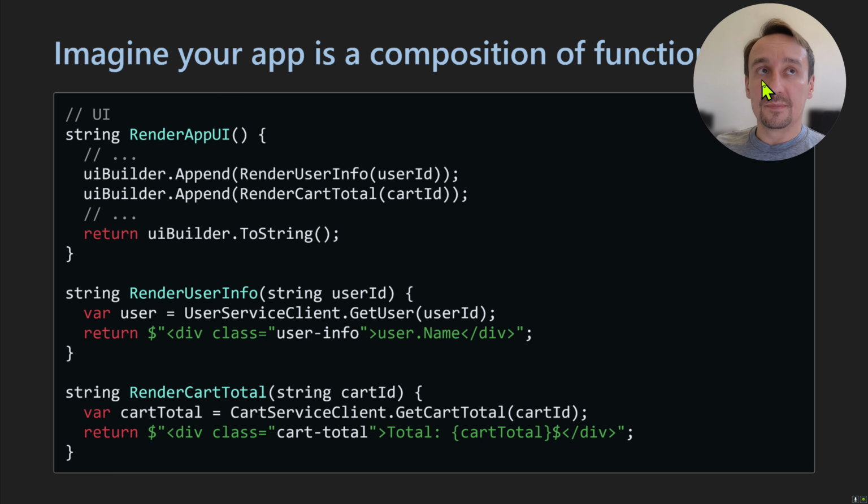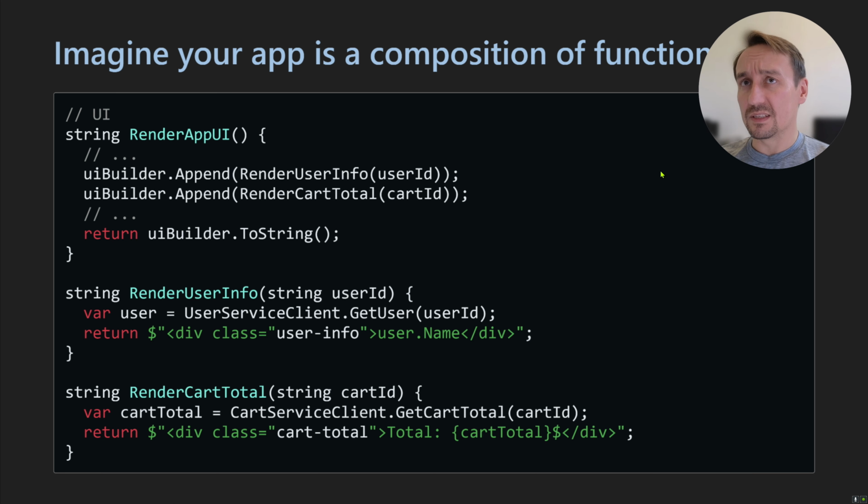Obviously, if you think about any modern app, in reality you can think of it as simply rebuilding the UI by calling functions which call other functions and so on. And if you have this feature that marks a certain call as stale, you can rebuild the UI as a reaction to some change.